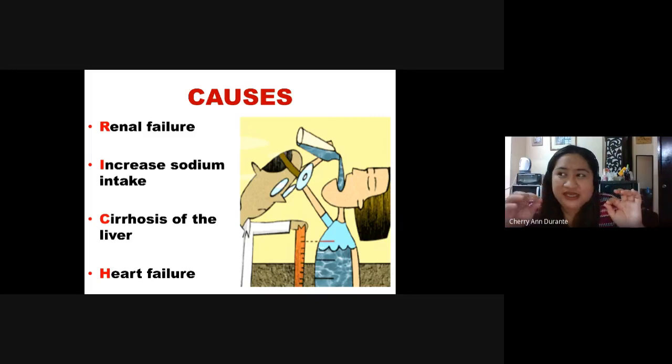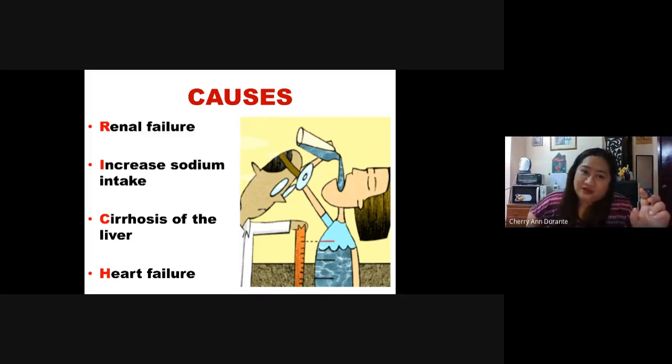So yung fluid na nasa blood mo, pwedeng mapunta sa third spaces wherein it's unusable, like your peritoneum. So magkakaroon ka ng ascites. So it can lead to your fluid volume excess. Tapos magigain ka ng weight dyan.